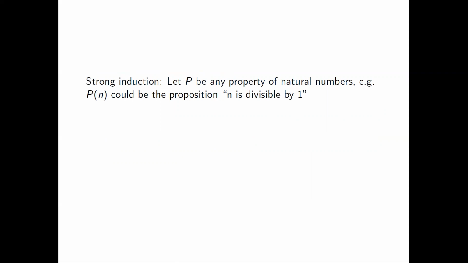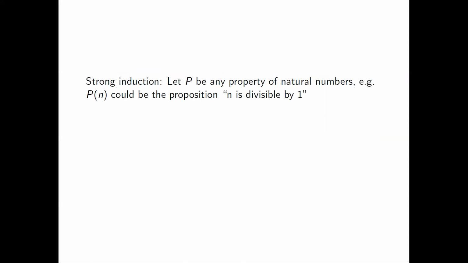So let's talk about what strong induction is and what's the difference between strong induction and weak induction. The proposition P of n that we have in strong induction is the same kind of proposition that we have in weak induction.